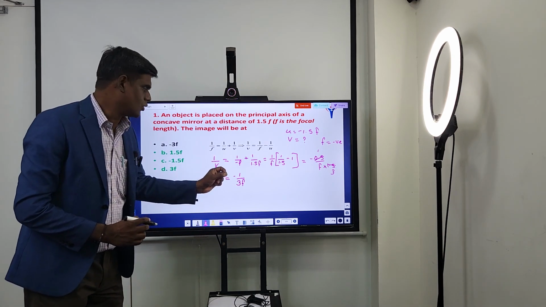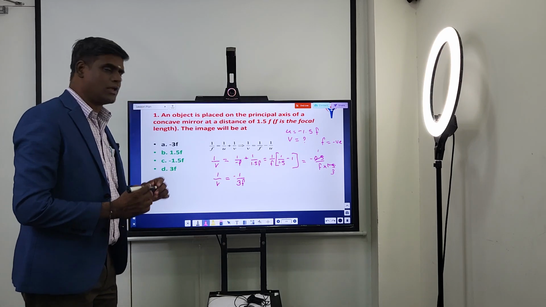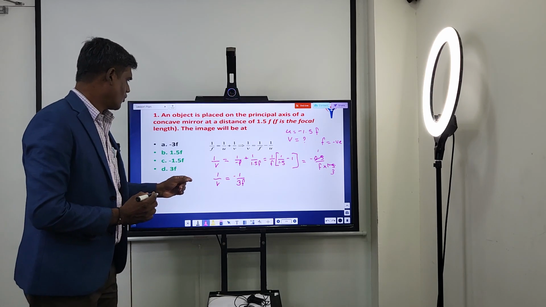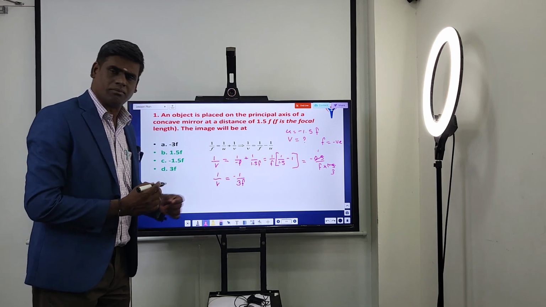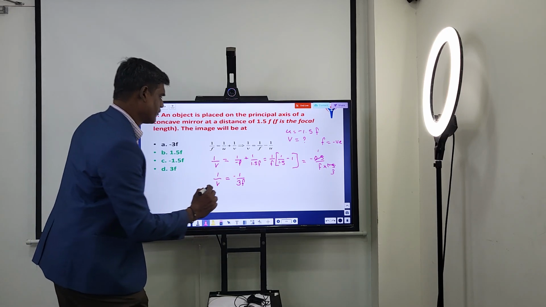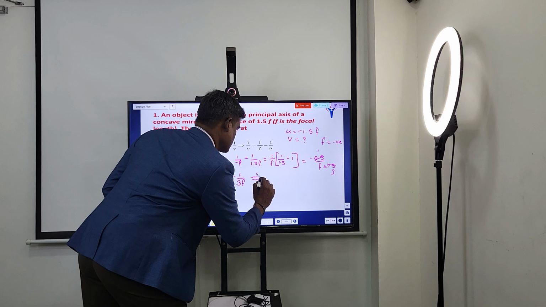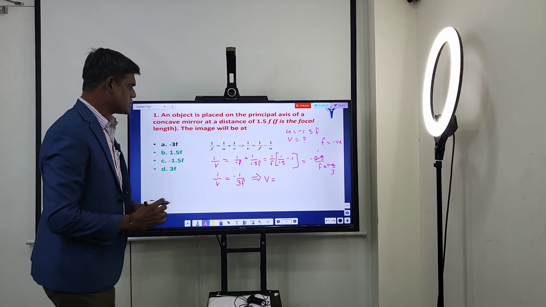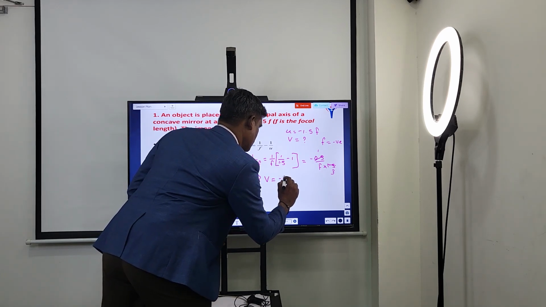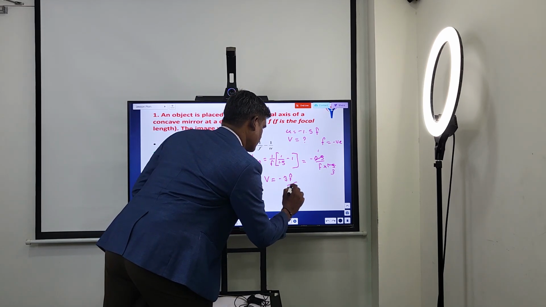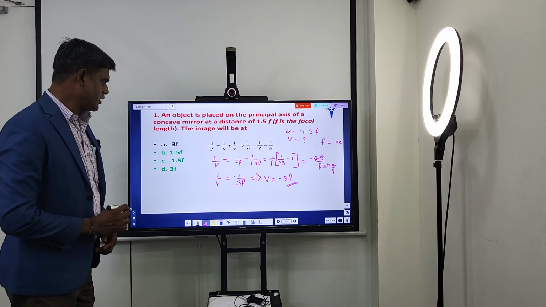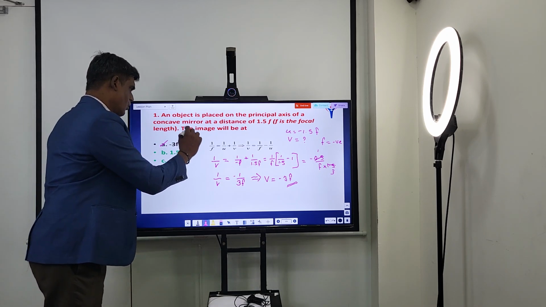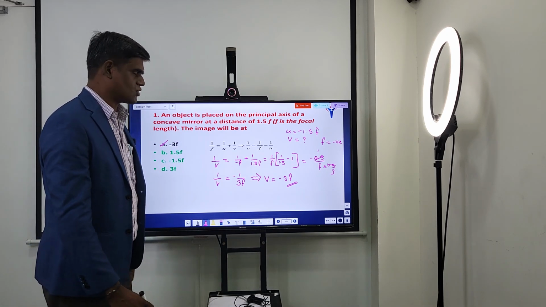Then v equal to the reciprocal, that is minus 3 f. So which option? Option A. Option A is the correct answer.